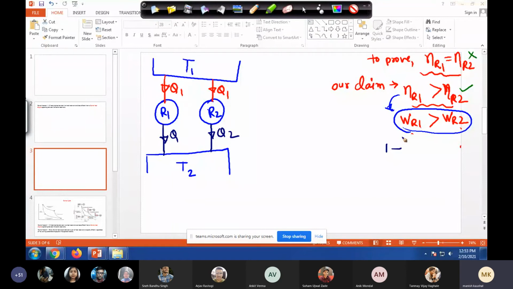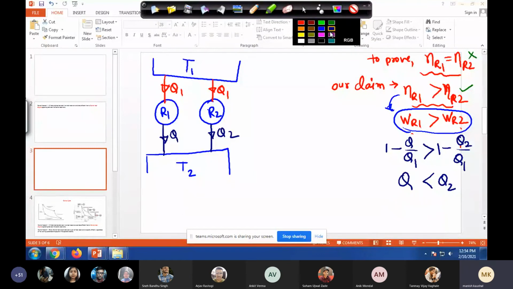So you can write eta R1 as 1 minus Q by Q1, and that is greater than 1 minus Q2 by Q1. Do the algebra. Ultimately, what we will get is Q2 is greater than Q. So that's what we have.